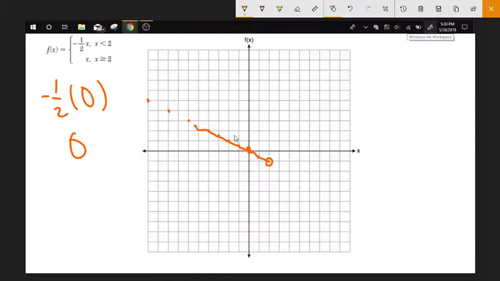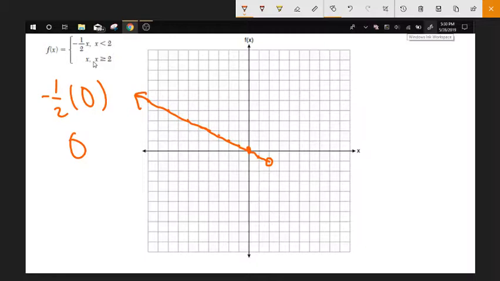My bad. Let's erase that one. And there was a point right here. And then we go through. And then that's how we were able to make a linear equation for one of them.